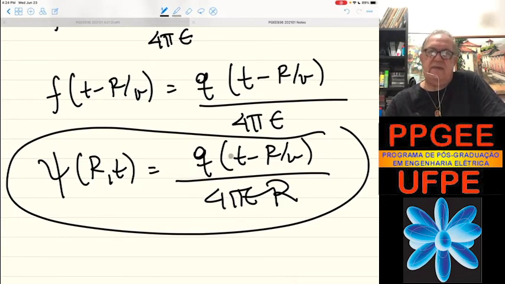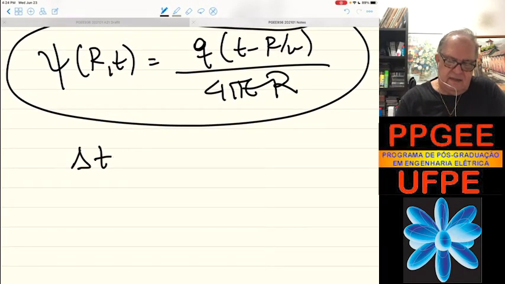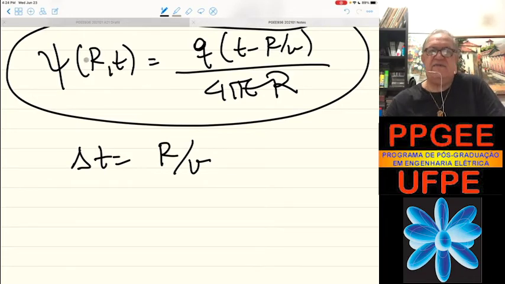We have a disturbance that takes place at t equals 0, right? It's going to be only when this argument goes to 0, which is after a time delay delta t equals r over v, that the potential is going to have the value related to q of 0.